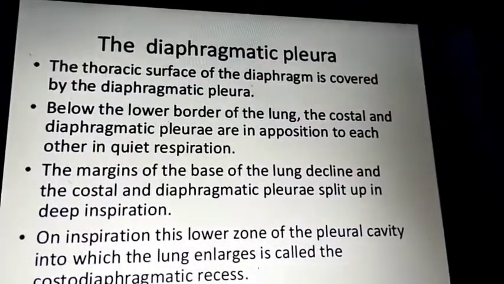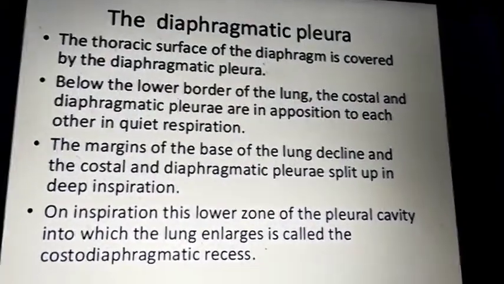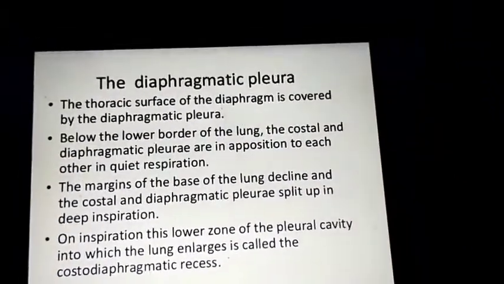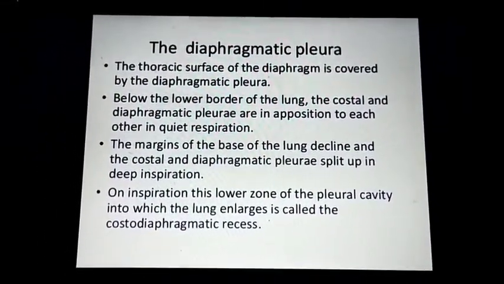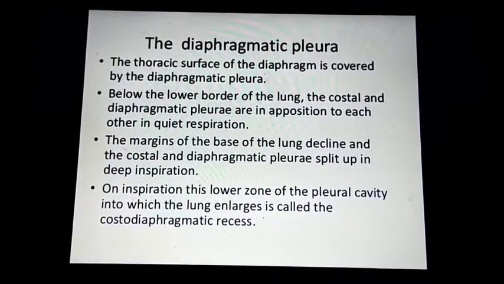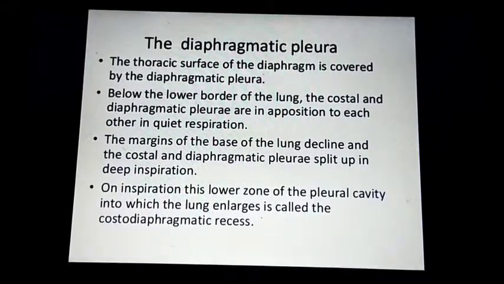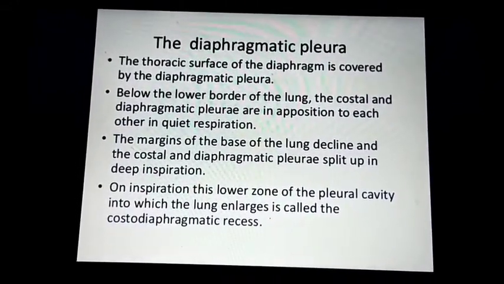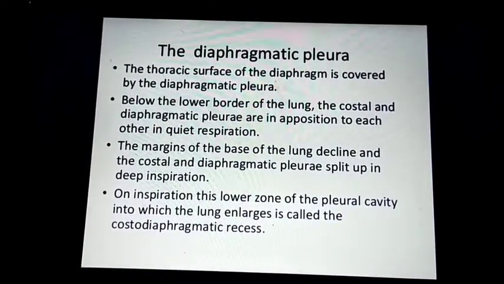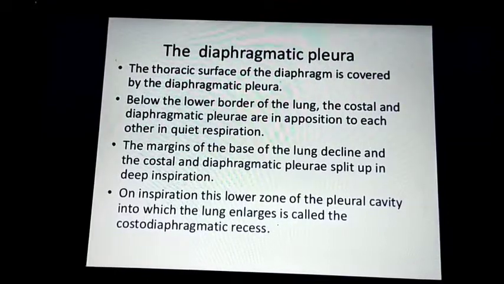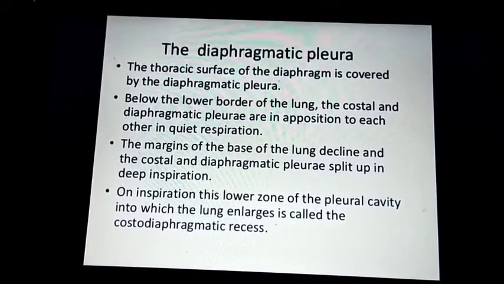Now we can go for the diaphragmatic pleura. Diaphragmatic pleura means it is located on the diaphragm or inferior surface, that's why it is called the diaphragmatic pleura. The thoracic surface of the diaphragm is covered by the diaphragmatic pleura. Below the lower border of the lung, the costal and diaphragmatic pleura are in opposition to each other in quiet respiration.